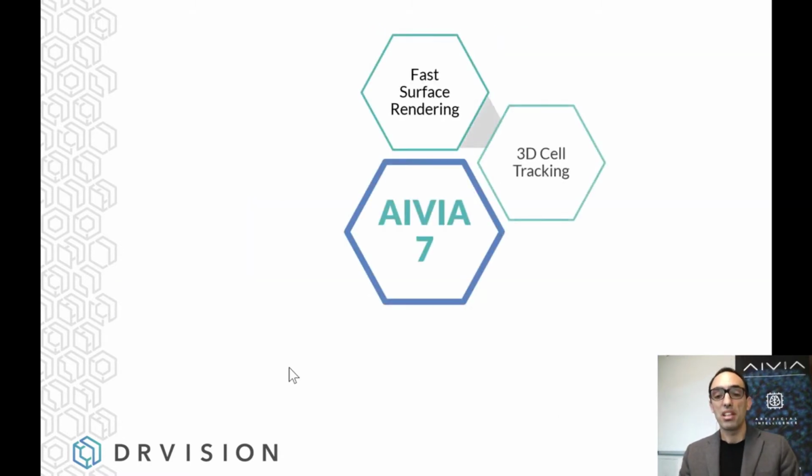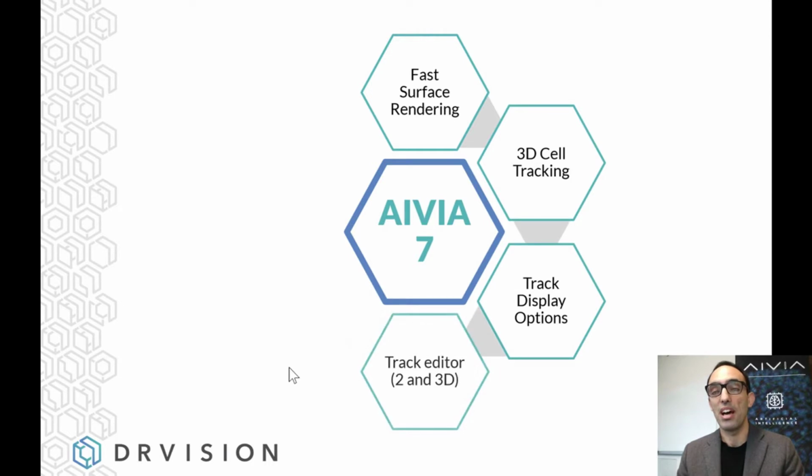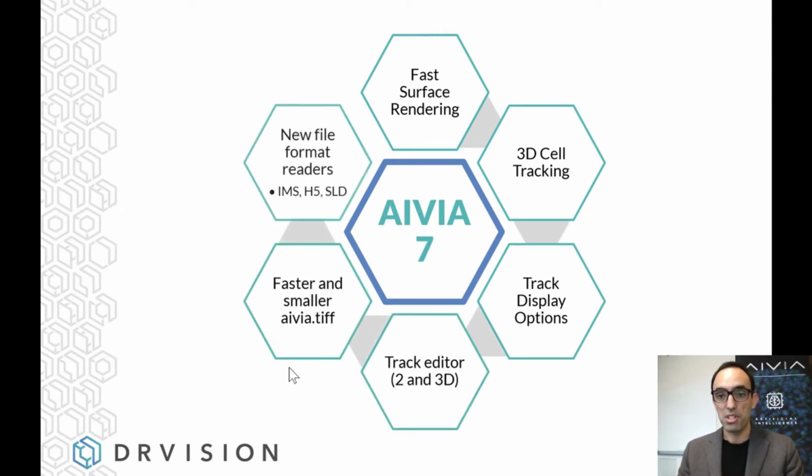So Aivia 7 consists of these features. First of all, fast surface rendering, and this is essential for a lot of image analysis tasks. Then 3D tracking is one of those image analysis tasks that relies on good surface rendering, because you're typically looking at lots and lots of objects, and to do that efficiently you need a good way to render them.